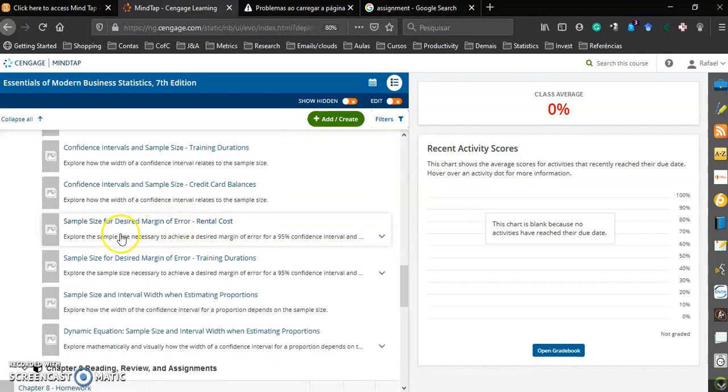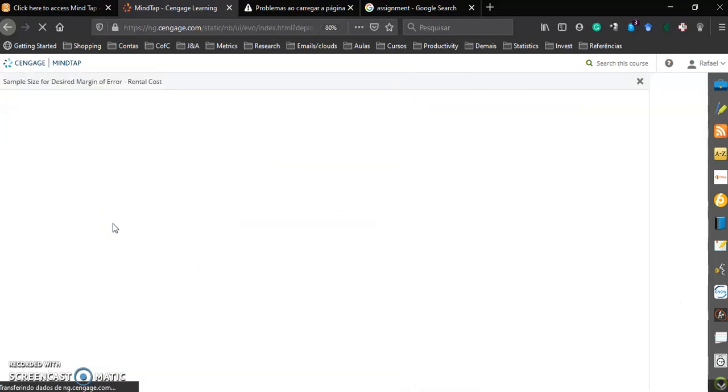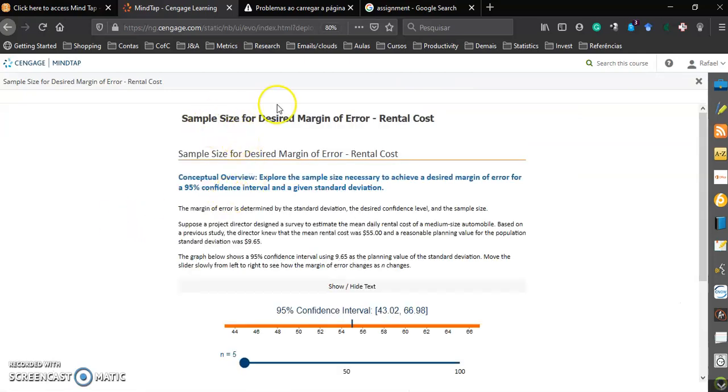But let's take a look at how the sample size influences the confidence interval. Okay, so I select this one. This is the desired margin of error for a rental cost, and the margin of error is determined by the standard deviation, remember, and the sample size.